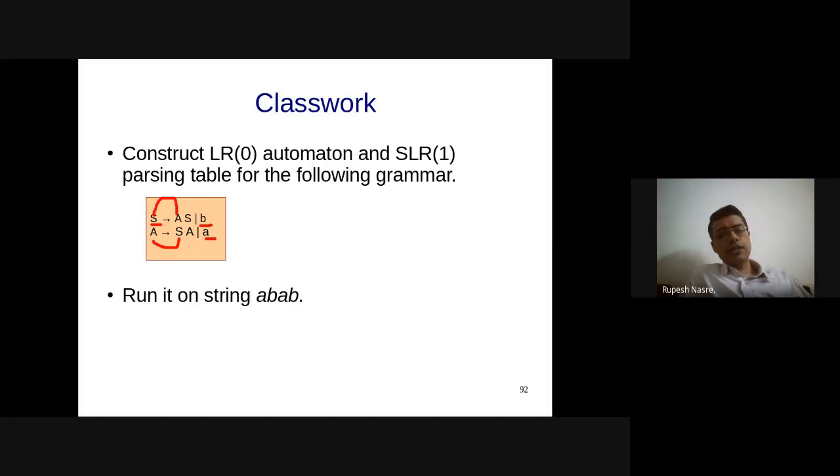Okay, so on that I0, what are the transitions that are possible? On non-terminals and terminals, what are the transitions that are possible? S, A and B. We'll have transition on capital S, that is correct.